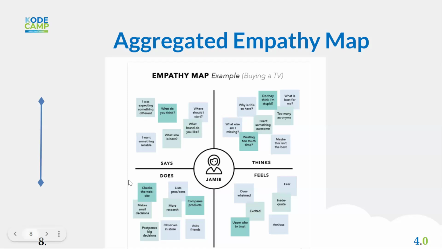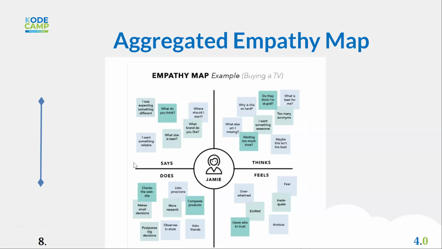Somehow I was thinking maybe use a different color to indicate the different users that have asked or said or feel. No, you don't necessarily need to. For organization, it's better to use the same color. You're just analyzing your data, depending on how you are able to analyze it.